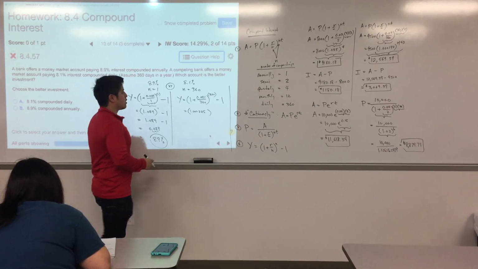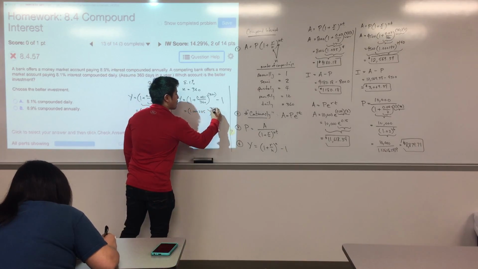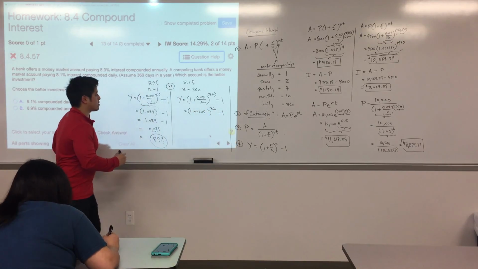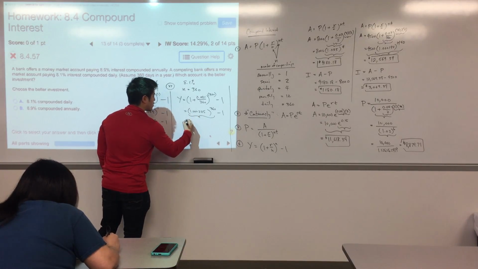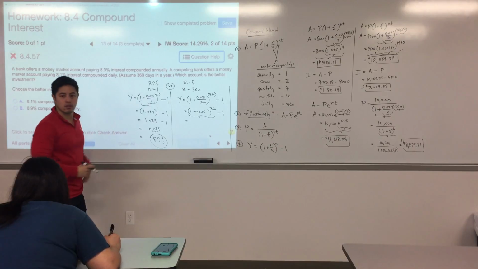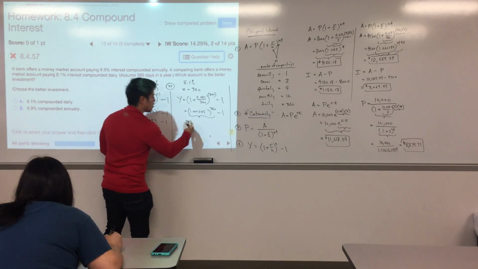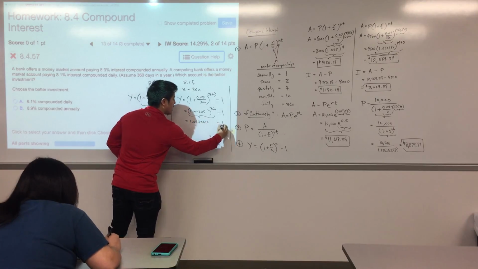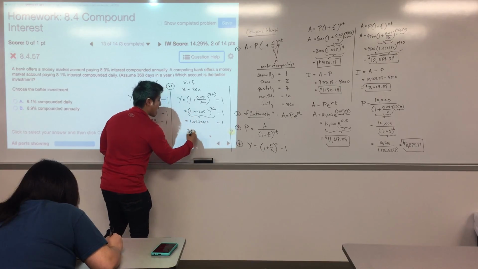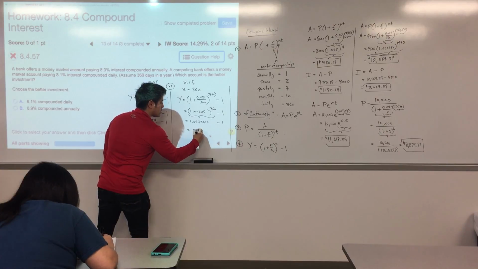No. Okay. To the 360 power, what's 1.000225 to the 360 power? What's that? 1.084361017. Okay, perfect. If we subtract 1 from that, we get what?